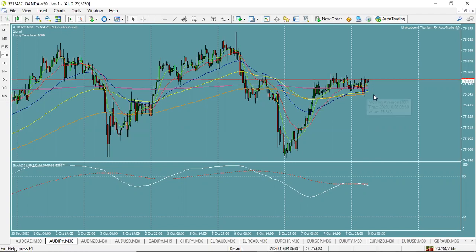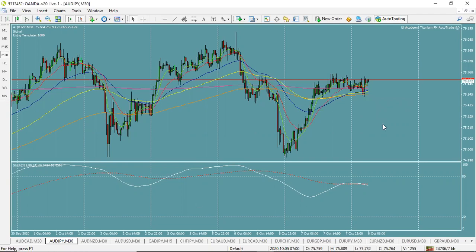Since we have order to the upside and rate is above the 720, the idea here is that we may actually break this resistance level at 75.67 or so. We're going to see if this will develop into a trade to the upside. I have a feeling that might actually happen for us.